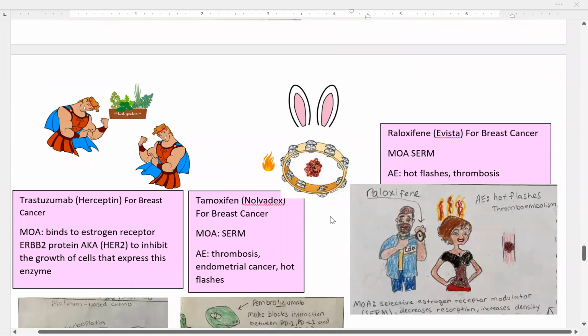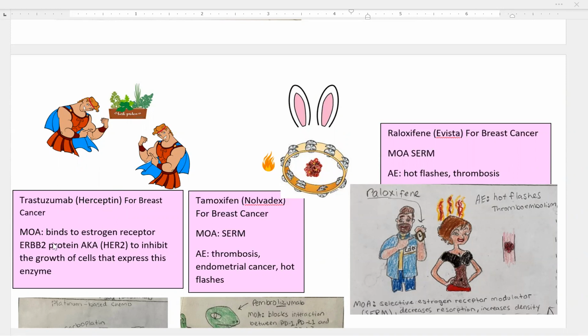Now we move on to some cancer drugs. All these in pink are for breast cancer, and I have that noted as well. There are a couple different ways to remember the breast cancer drugs. One is these first two both start with T, so trastuzumab and tamoxifen, the TTs are for breast cancer. But if you can't remember that, I drew Hercules here because this brand name is Herceptin, like Herc.